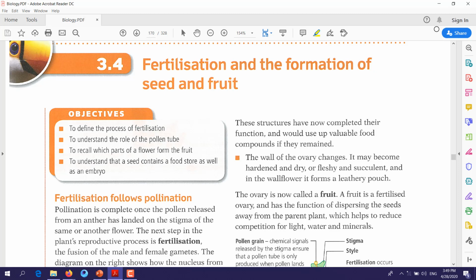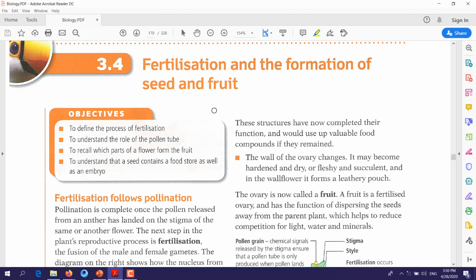This process of pollination, we said, is one stage of reproduction in plants. After pollination, a next step will happen, we call it fertilization. So in our lesson today, we will see what fertilization is and what the steps of fertilization are.